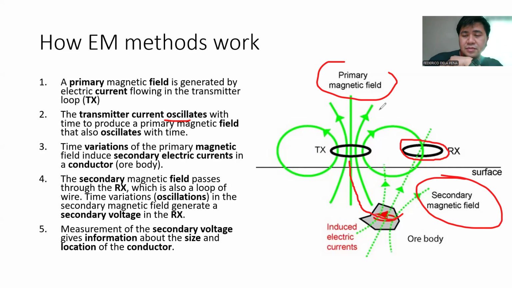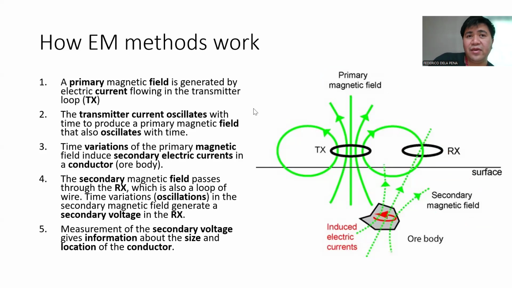And from the proportions of that, they can derive the conductivity of the material. So you will have different resulting ratios of the primary to secondary magnetic field. So that's for the frequency domain.